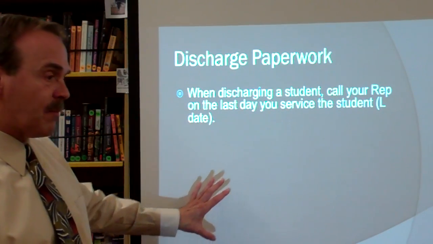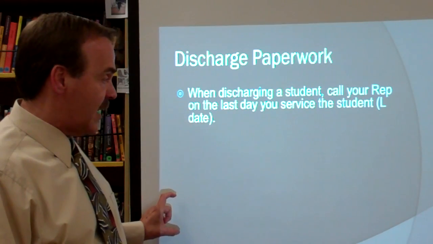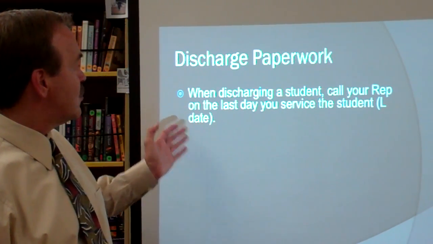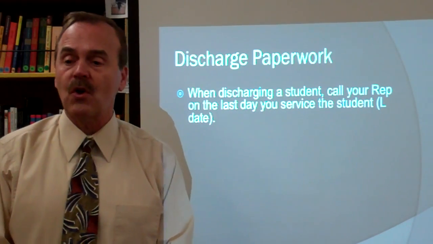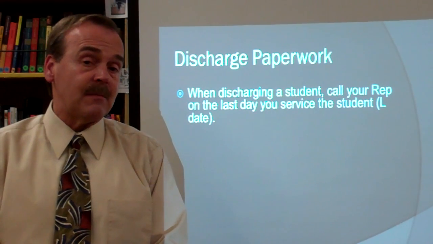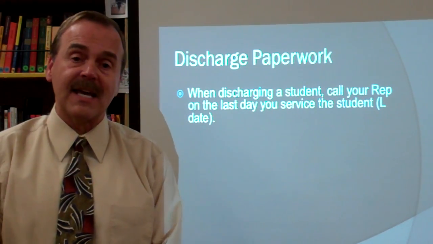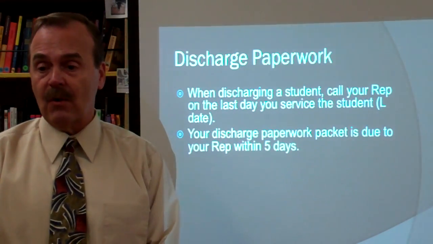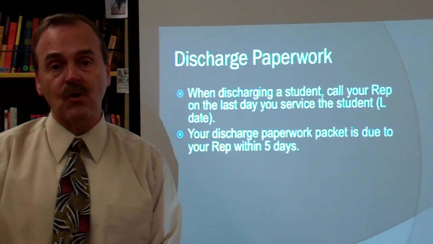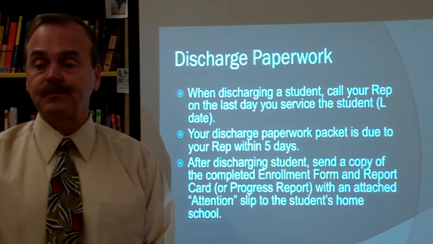Okay, now discharge paperwork. Back when I showed you the enrollment form, it was in red at the bottom. When discharging a student, you want to call your rep on the last day that you service the student. So basically, the last time you service the student, make sure you call the rep, so this way we get that information into SIS immediately. The discharge paperwork is due to your rep within 5 days of the student discharging.